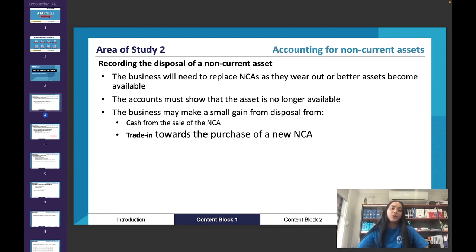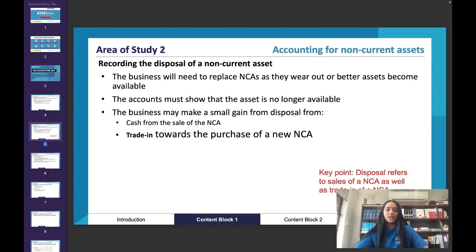And so when we do dispose of a non-current asset, we have to adjust the accounts to show that the asset is no longer available, and also the business may make a small gain from this disposal. So they'll either get cash from the sale of a non-current asset or a trade-in value that goes towards the purchase of a new non-current asset.